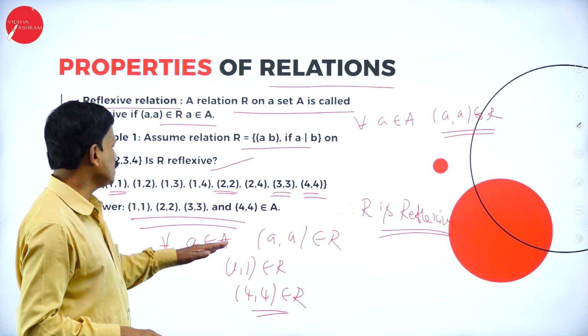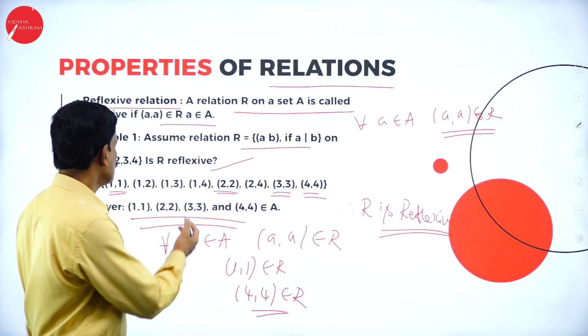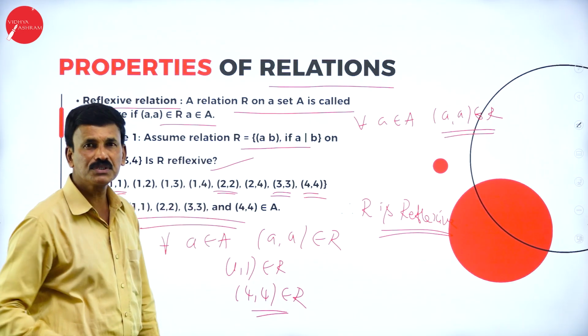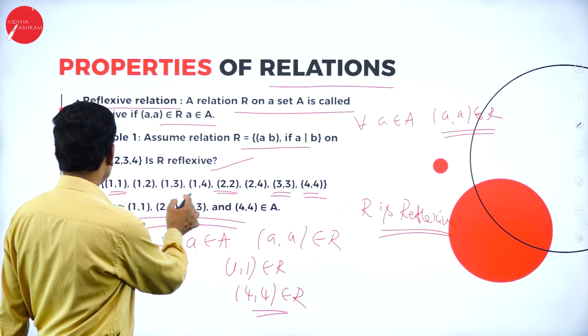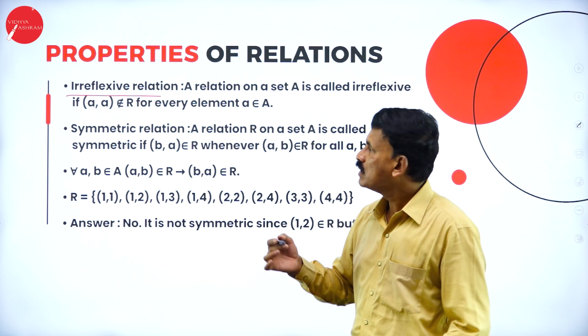So, if (a, a) belongs to R for all a belongs to A, then R is called reflexive. (1, 1), (2, 2), (3, 3) and (4, 4) all belong to the given relation, therefore it is reflexive. Let us come to the second one.